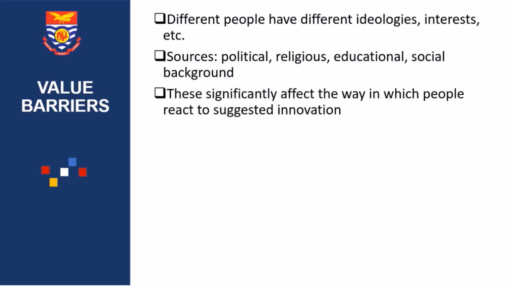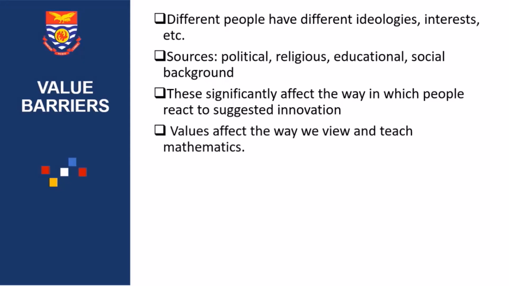This significantly affects the way in which people react to suggested innovation. So if you see things differently from another person's perspective, then it will influence the way you react when there's a suggested innovation in the curriculum development.